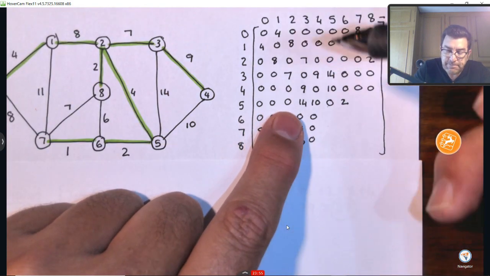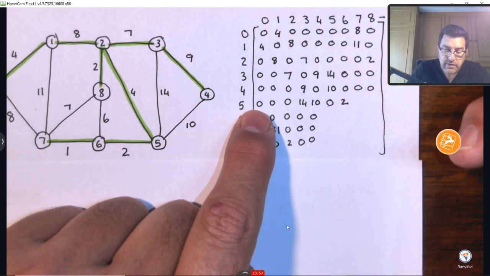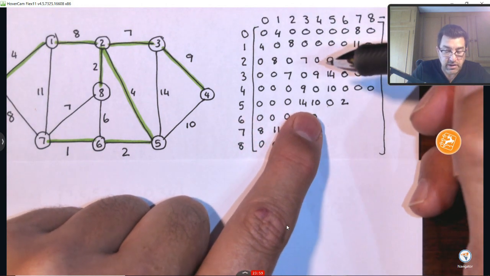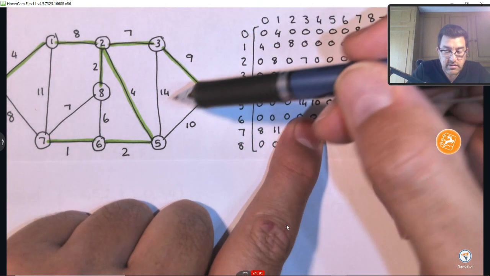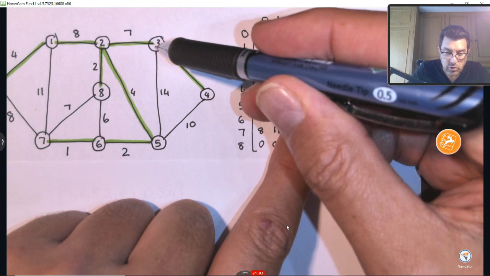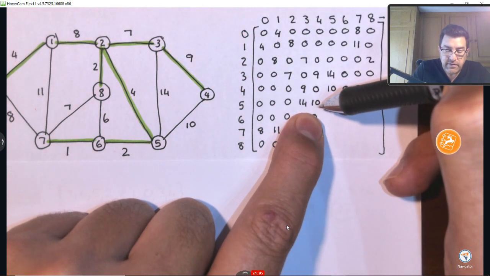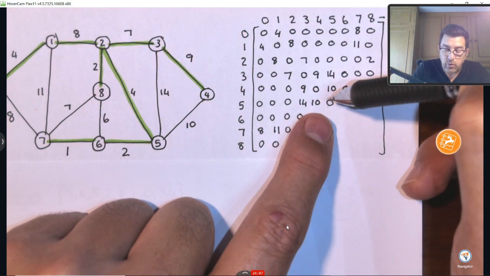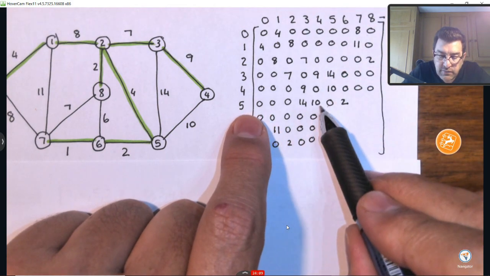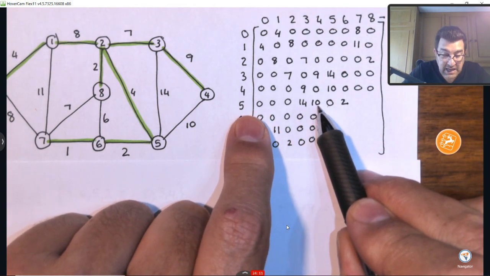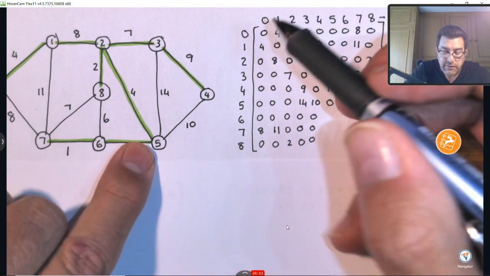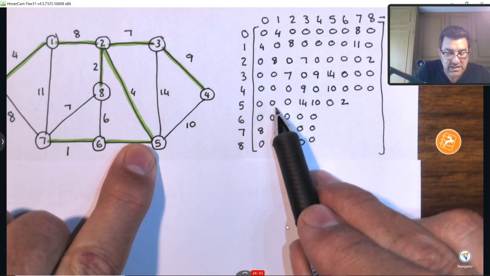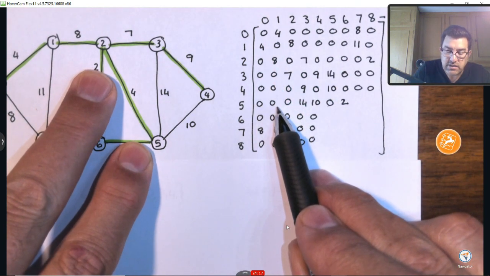Let's go slowly here. 5 connects to 3 with a weight of 14. Cool. 5 connects to 4. 5 connects to 4 with a weight of 10. We've got that. 5 connects to vertex 2 with a weight of 4.